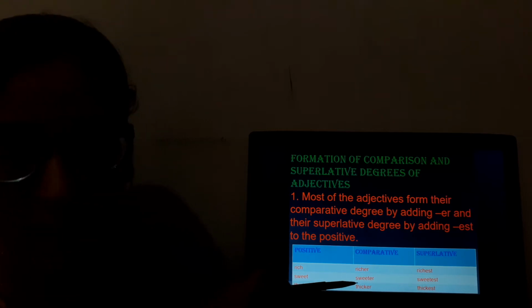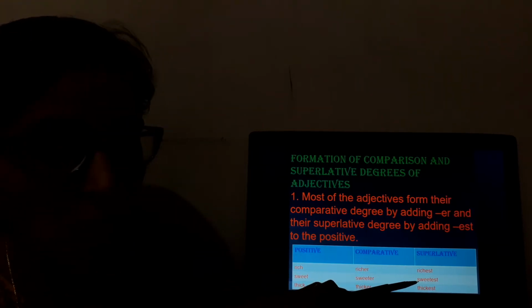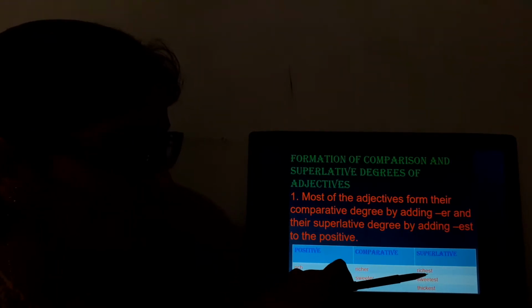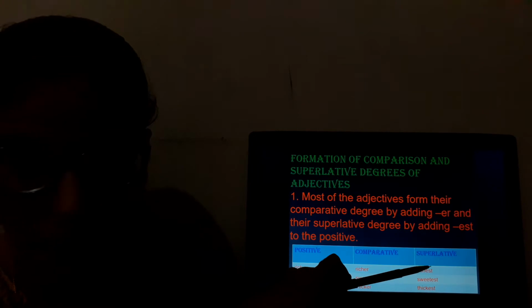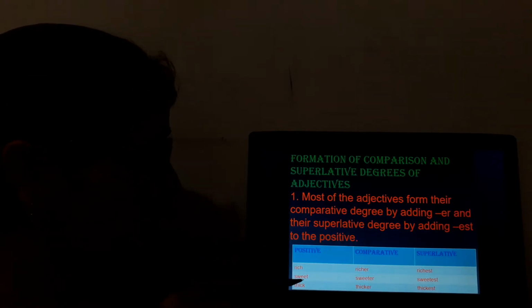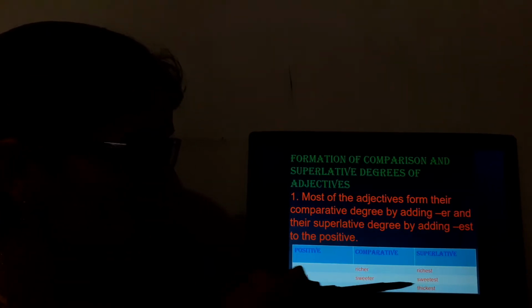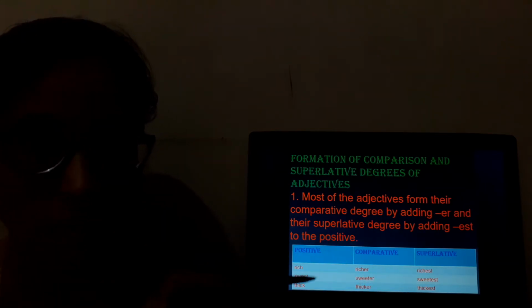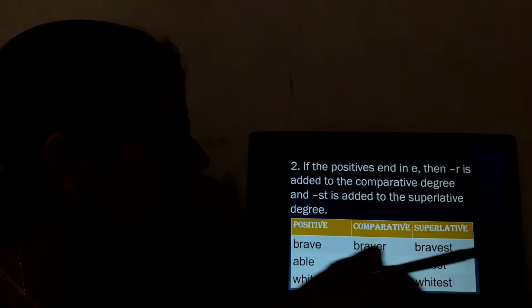Comparative, that means comparing between two. Superlative, that means more than two. Rich, richer. What have we added here? Er. And for superlative we have added est. Clear? So this is clear here. Then sweet, sweeter, sweetest. Thick, thicker, thickest. So it is clear. Let us move to the next one here.